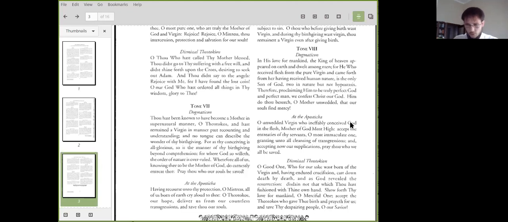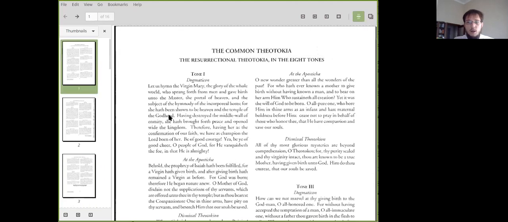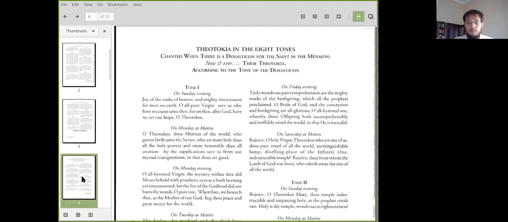This is the doxology. For a doxology service, at Lord I Have Cried, we use the dogmatic Theotokion from Appendix 1. At the Apostica, we use the Theotokion from Appendix 2. And at the praises, again, we use the Theotokion from Appendix 2.